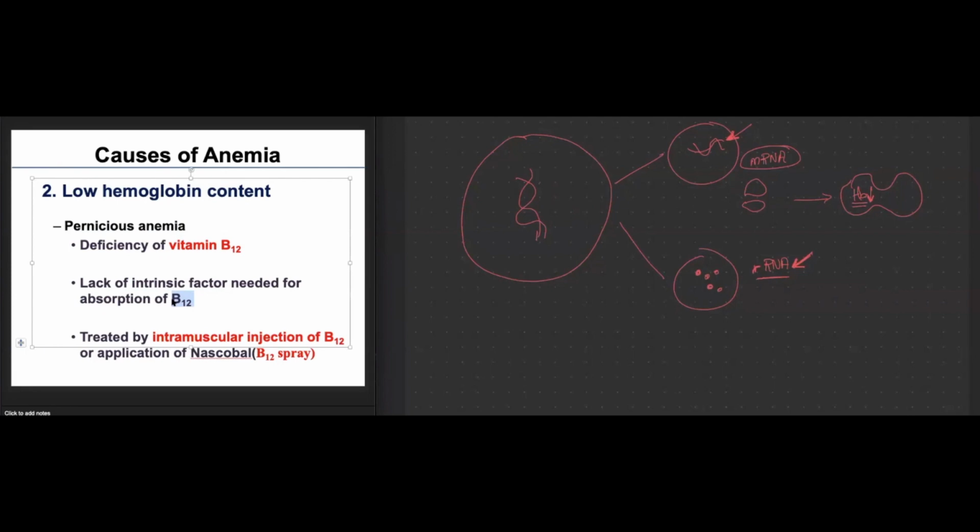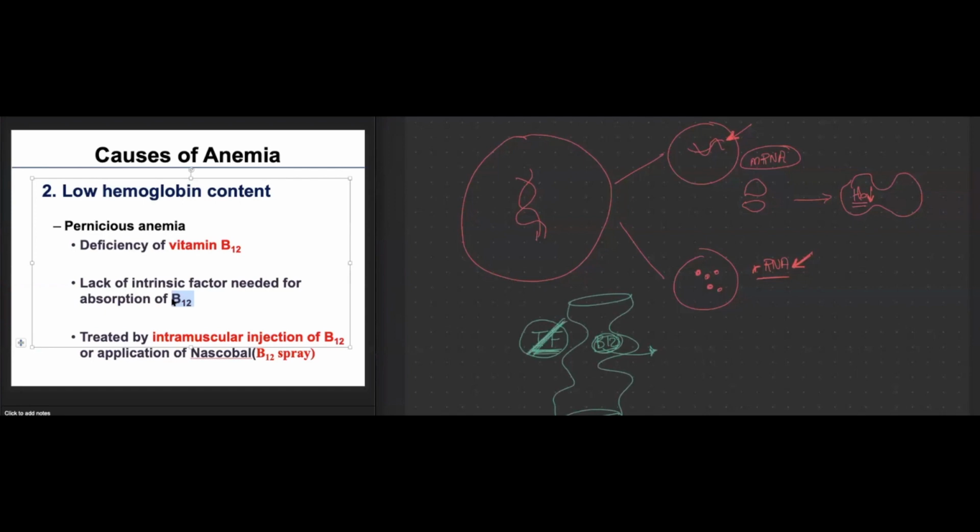So pernicious anemia is a type of vitamin B12 deficiency, and this is going to be due to a problem in the release of the intrinsic factor. And remember here, in order to absorb vitamin B12 in the small intestines, I need to have intrinsic factor. So this specific scenario only is what we call pernicious anemia.